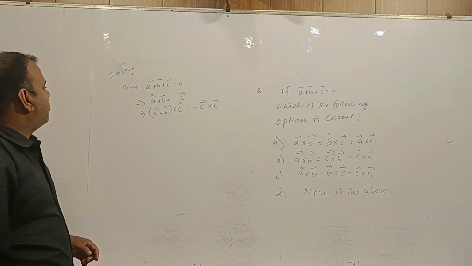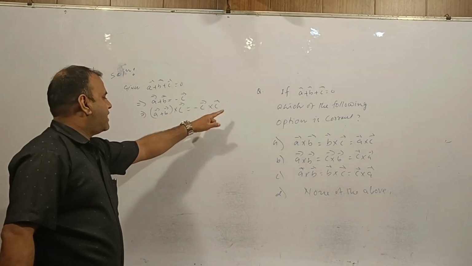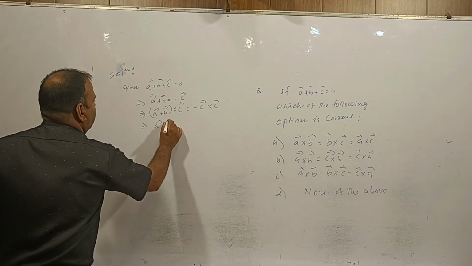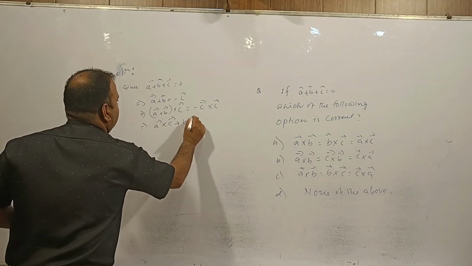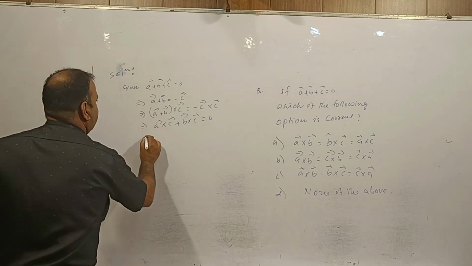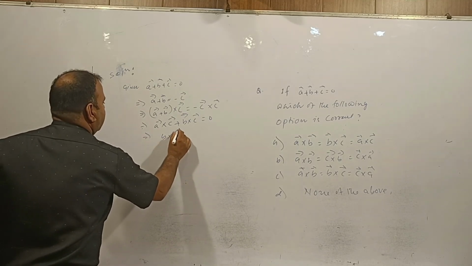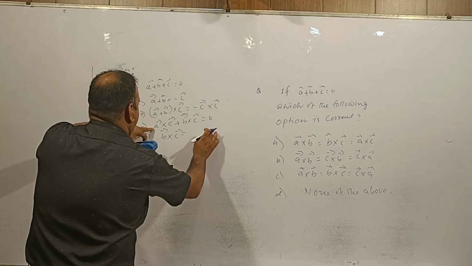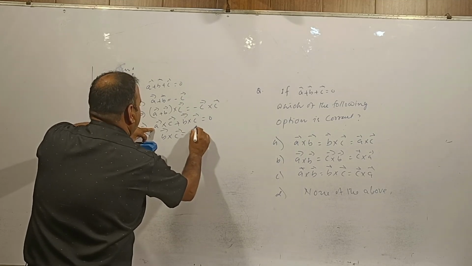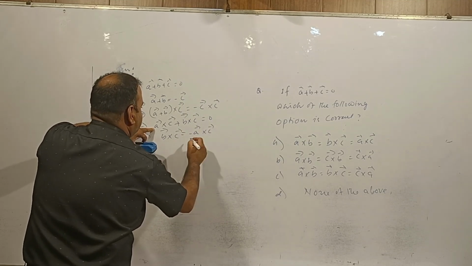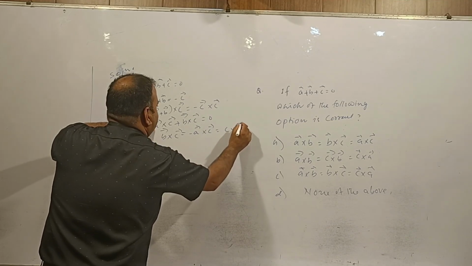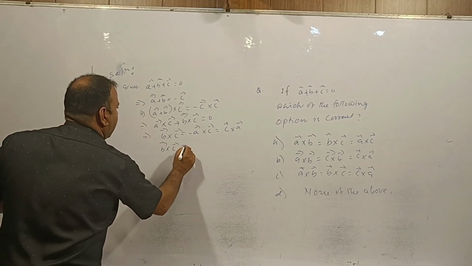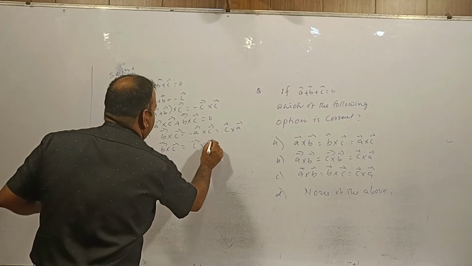So we can write A cross C plus B cross C is equal to 0. Ultimately we can write B cross C is equal to minus A cross C, which, when the position changes, can be written as C cross A. So B cross C is equal to C cross A, equation number 1.